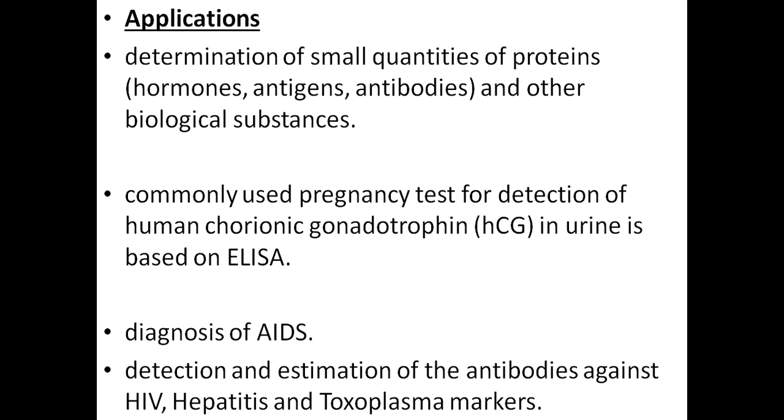In our lab, earlier we had the strip method. Before starting chemiluminescent immunoassay, we had the fluorescent immunoassay machine, the Biomerics machine, where we do the HCG test based on fluorescent immunoassay.